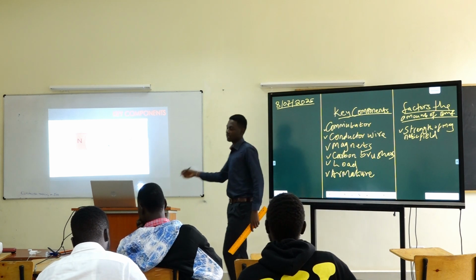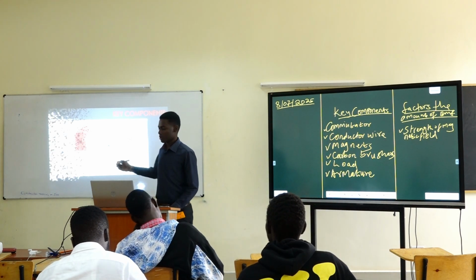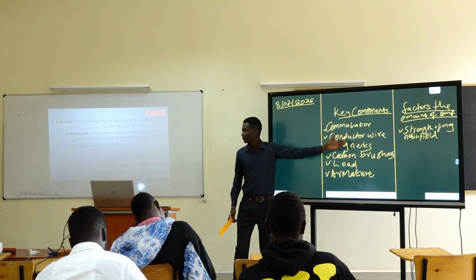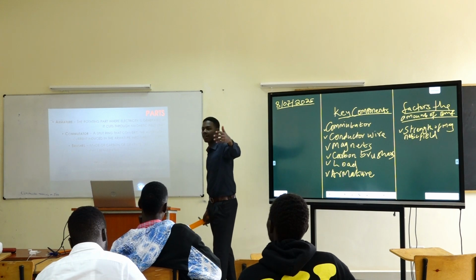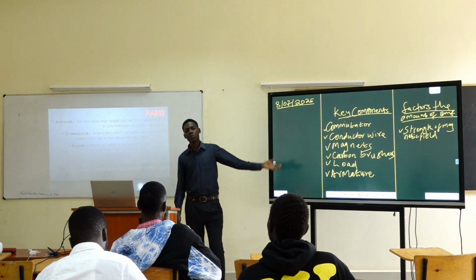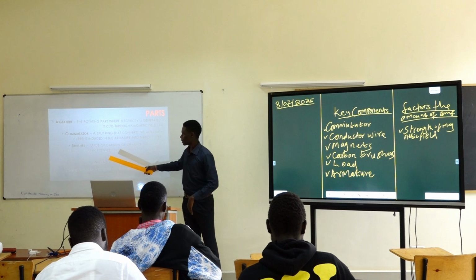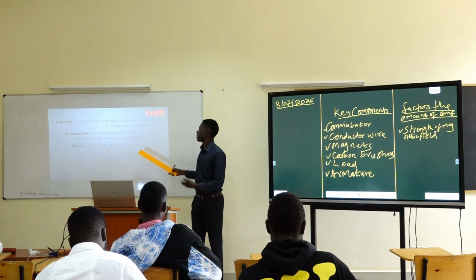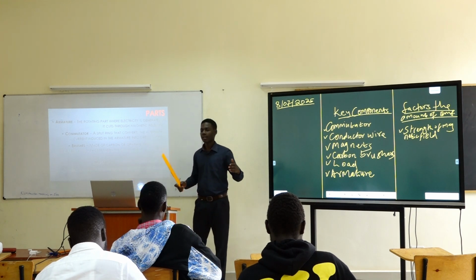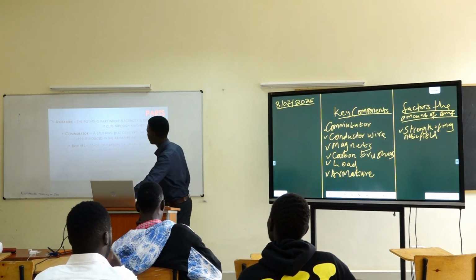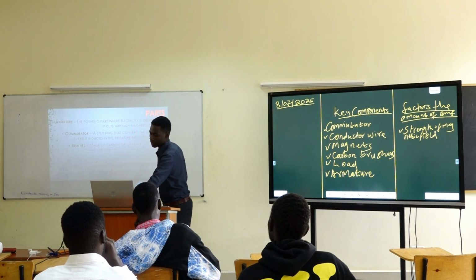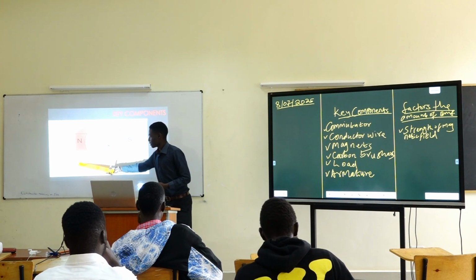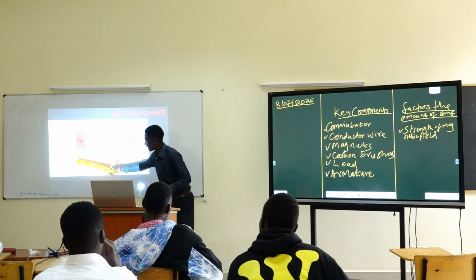Now, briefly, let's look at the functions of those parts. The commutator is used to rectify the alternating current into DC current. The carbon brushes are made of carbon or graphite. They maintain the electrical contact between the commutator and the external circuit.